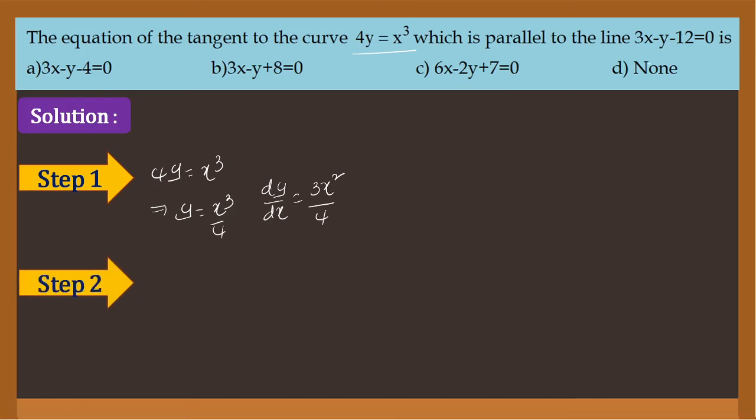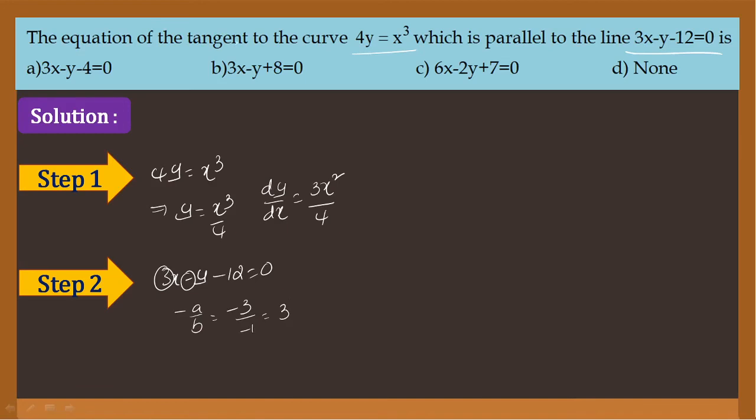Given line is 3x - y - 12 = 0. Slope of this line is -a by b, that is here a is 3, so -3 divided by b is -1, which equals 3.